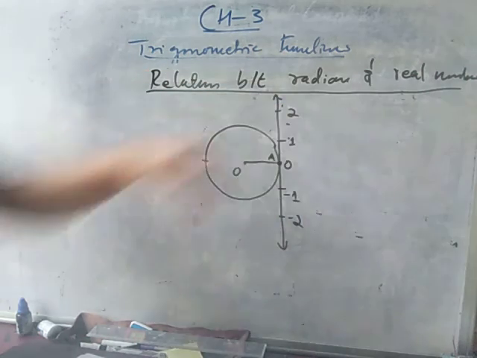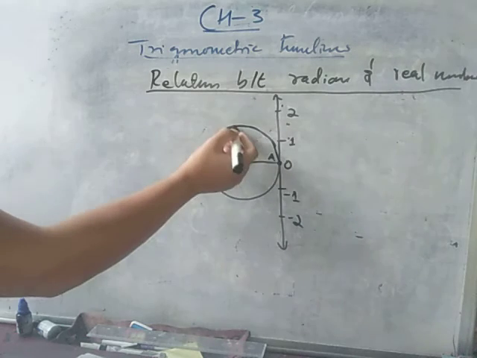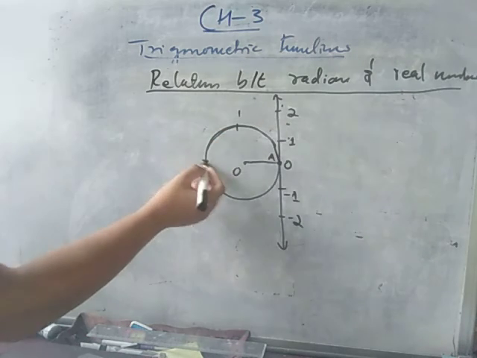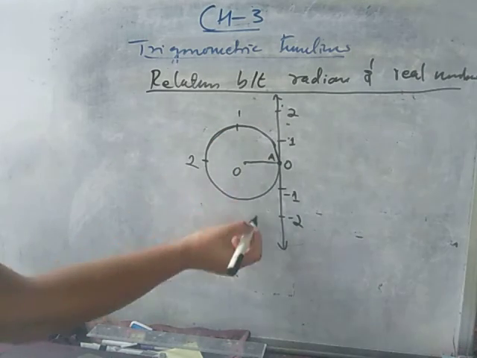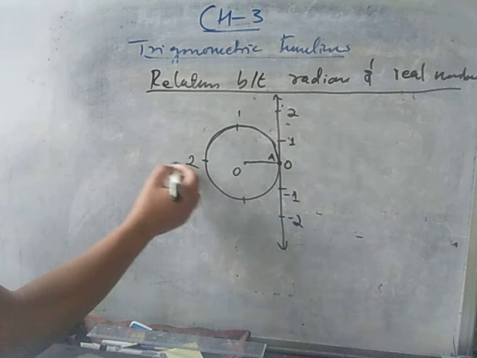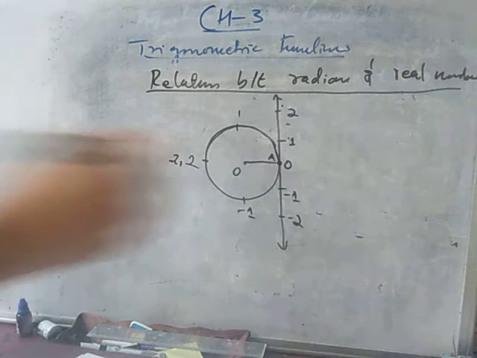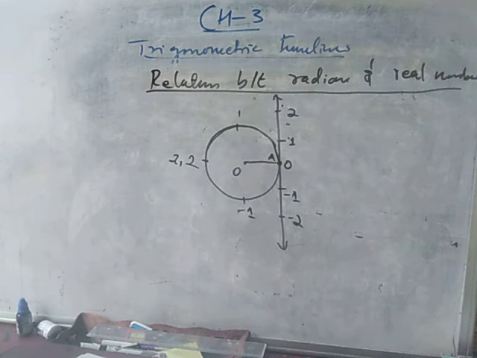So if you bend like this one, you'll get some values. Over here 1, over here 2, again minus 2 is here, then this is your minus 1, okay? Clear? This is the relation between radian and real number, okay.